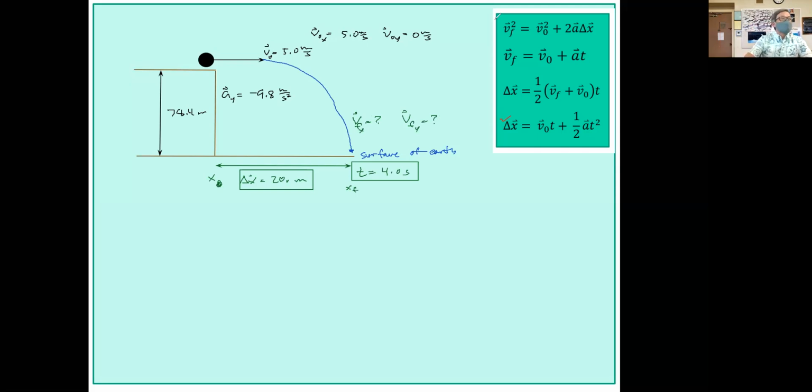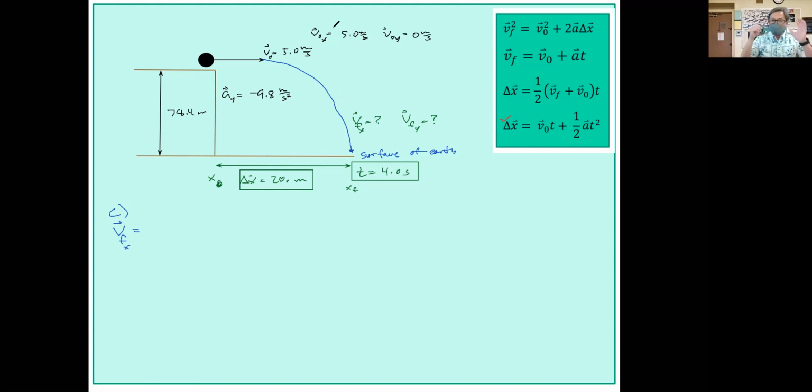The first part should be pretty straightforward, folks, because this is projectile motion. When I say solve, we're not actually trying to solve for this at all, because along the x, when an object is moving in a projectile manner, which this stone is, and we're looking at the downward trajectory, the final velocity here should be exactly the same as the initial velocity, because there is no force acting on that stone along the horizontal.